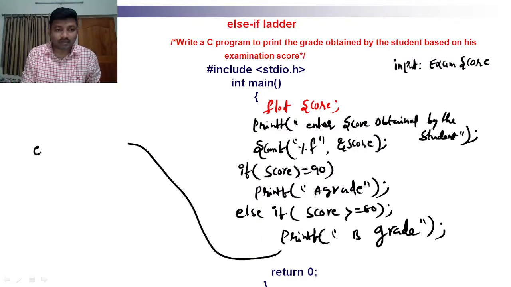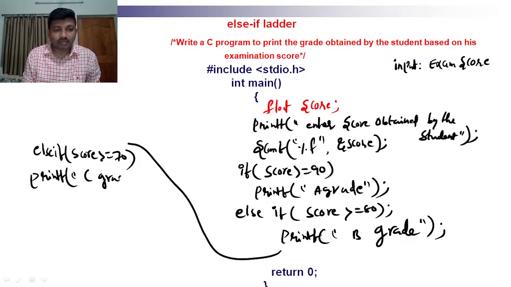So else if score, else and if has a space, remember, score is greater than or equal to 70, printf C grade, let it be. Else if it may not be true, let me check it.